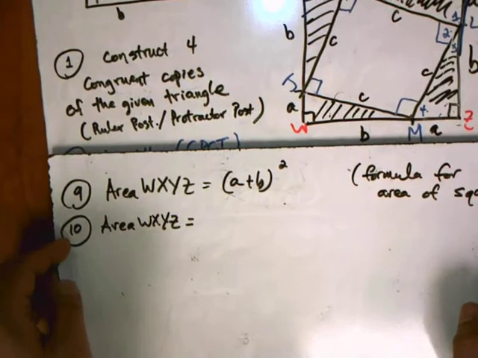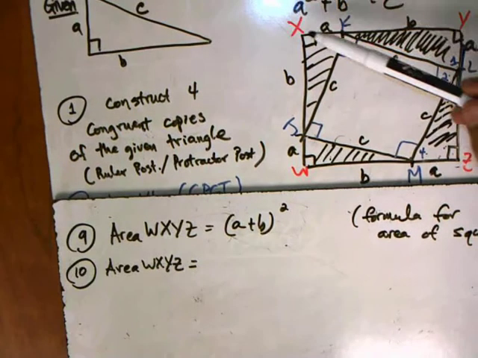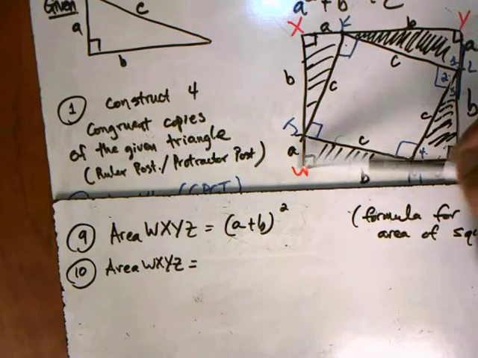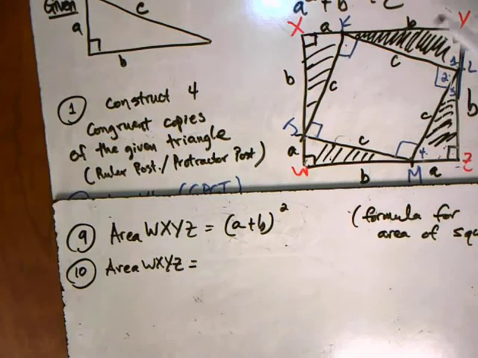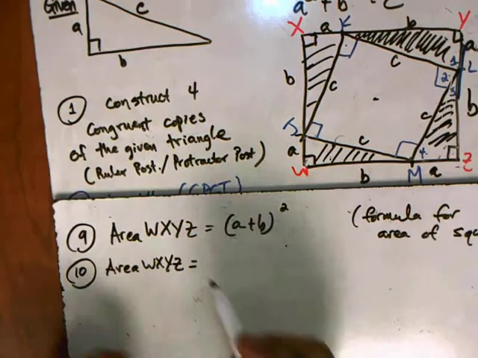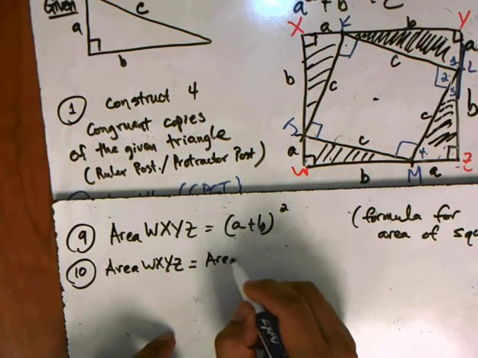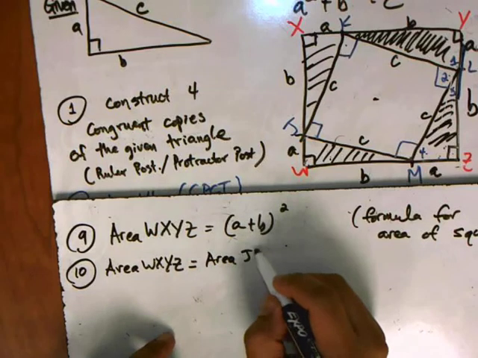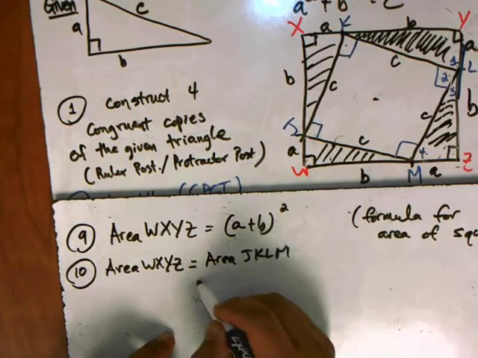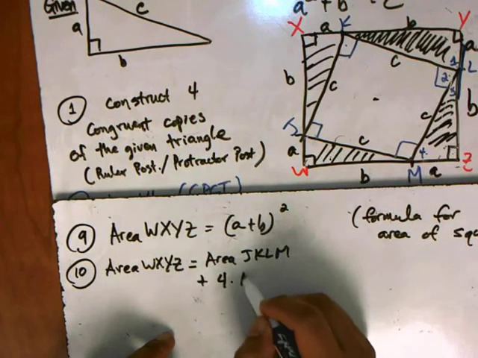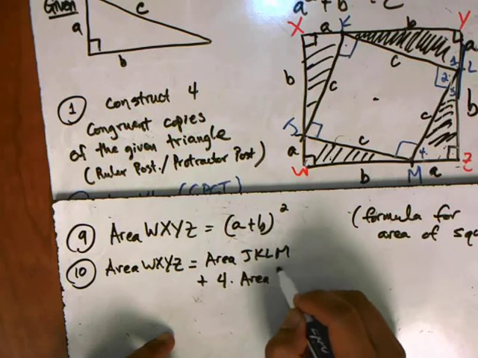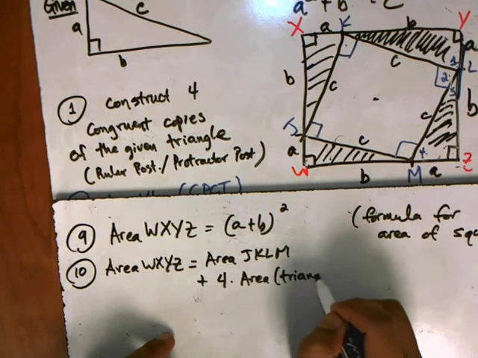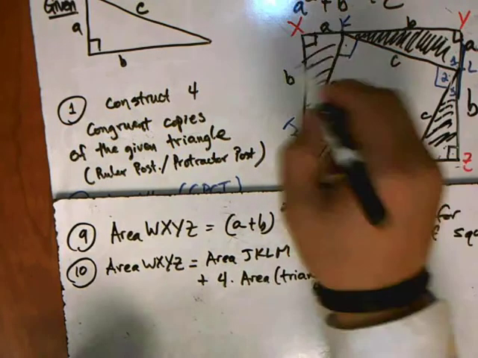So the square WXYZ, the big square here, that total area is really the area of this white square added to the 4 triangles here. So there's another way that I can say this. This is the area of JKLM plus 4 times the area of the right triangle that I made, because I got 4 of them here.